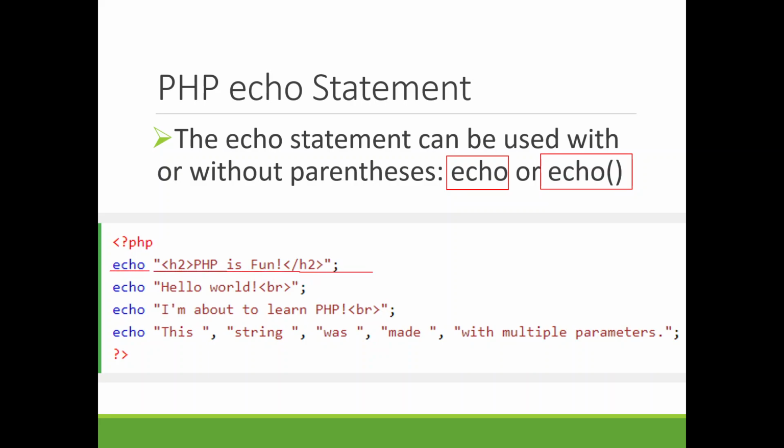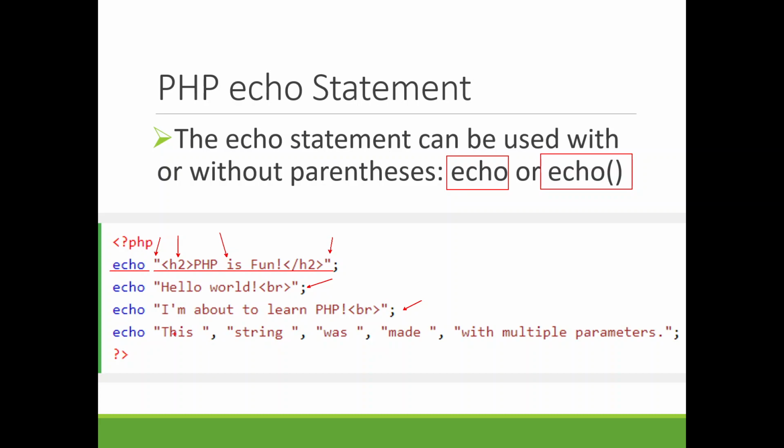Then we want to print some string. So in order to print a string, you must have an opening quote, you must have a closing quote. Now the string can be any statements, including HTML tags, as you can see in this particular example. So this is just another example of the echo and this one here.